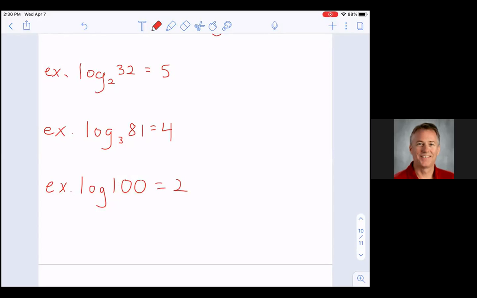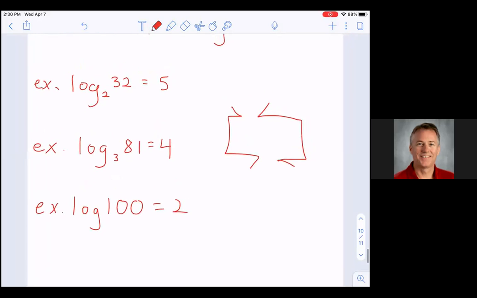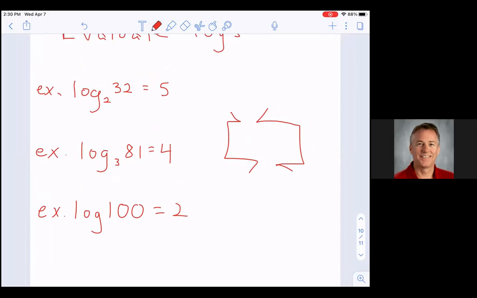Thinking of it as a function, we did the function boxes, and inside the function box, you have a log of a certain base. If inside the function was log base 2 of x, that would be our function.